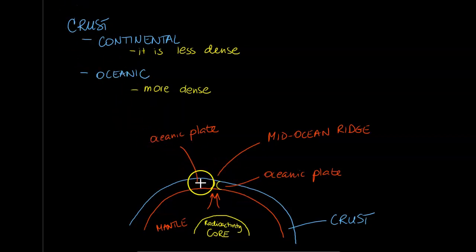They move away from each other in this direction. That allows the magma coming up from the mantle to continue to do so. As these two plates are spreading apart, they're creating new space for that new material from the mantle to come up.